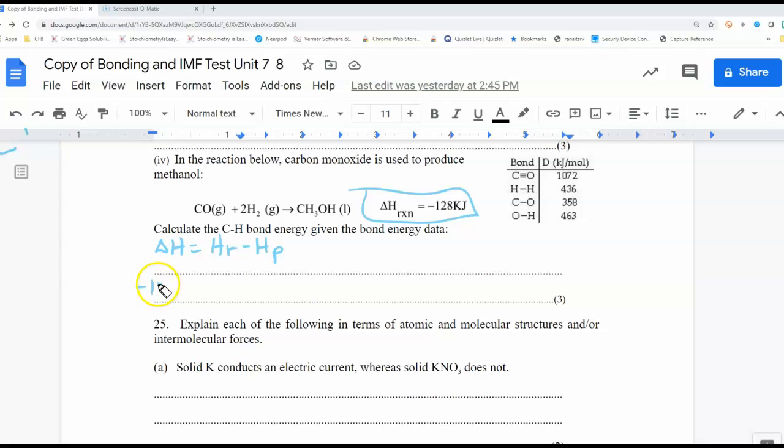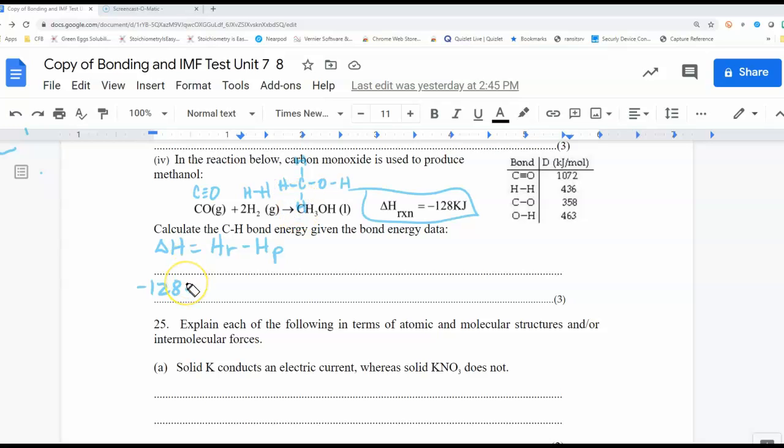So I'm going to have negative 128 is equal to the heat of the reactants, which I have to recognize has a C to O triple bond, and this has H to H bonds like this, and this has C to H bonds and then an OH here like this. So that's what we're looking at right there.